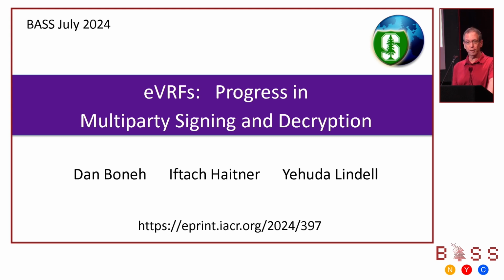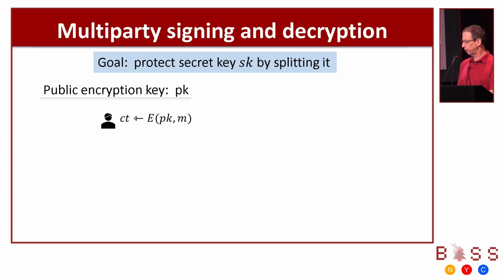Okay, so let's start at the beginning. What is multi-party signing and decryption? I imagine many of you know this, but let's make sure we're all on the same page. The goal is to protect a secret key by splitting it. This is a very common thing to do. For example, in public key encryption, somebody encrypts a message to a public key PK, and the question is, how do we decrypt it?